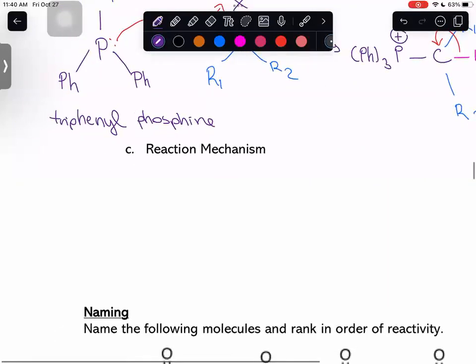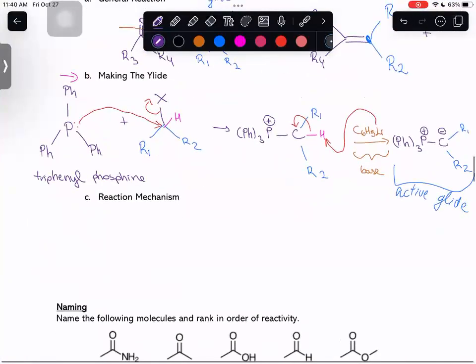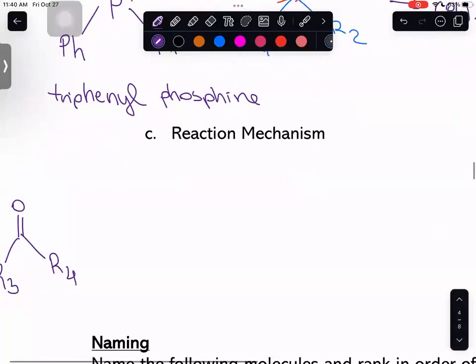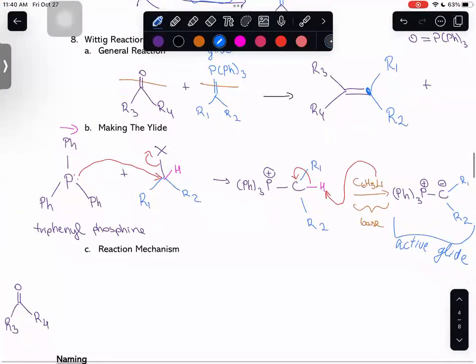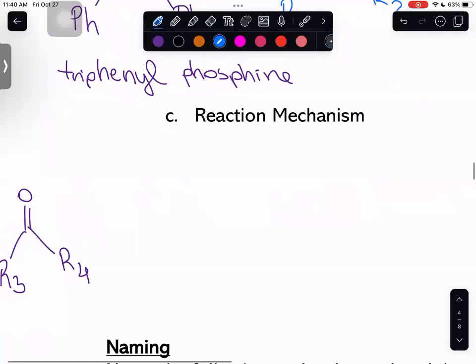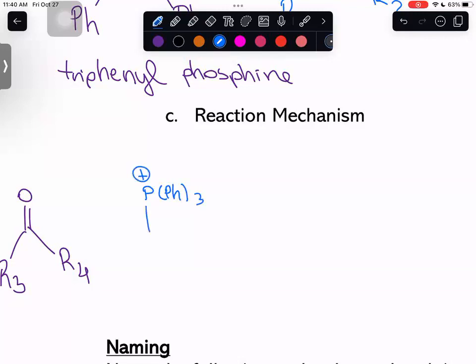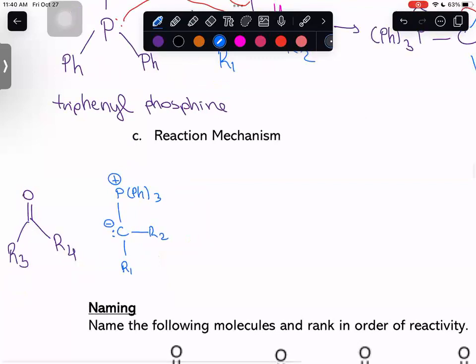So let's start with the same ones. Okay, now, again, we're starting with ketone or aldehyde, doesn't matter. And now we have the active ylide.